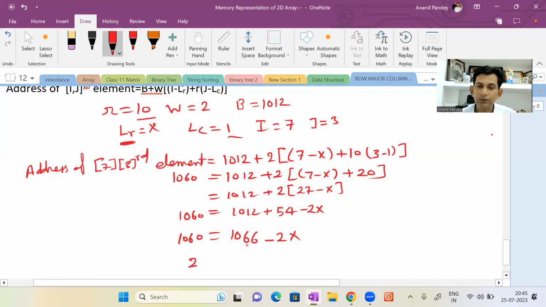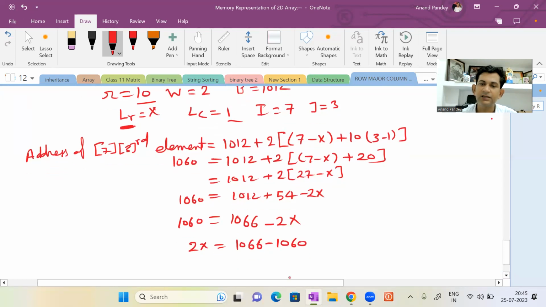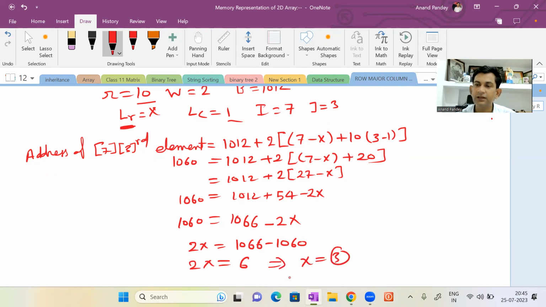Then 2x will be 1066 minus 1060. Shifting from the left hand side to the right hand side, you can understand this, the sign will be changed. So the result will be 6. 2x equal to 6. So by this way, x equal to 3. So this is the value of LR, and this we need to find here. Okay, so the value of x will be 3.